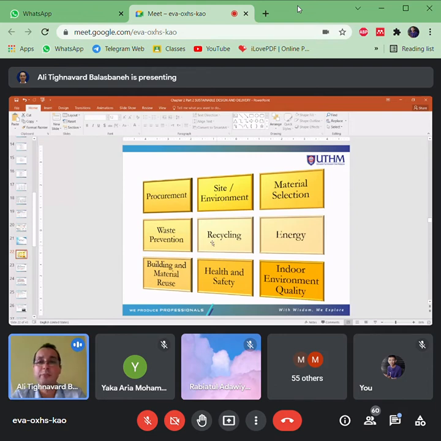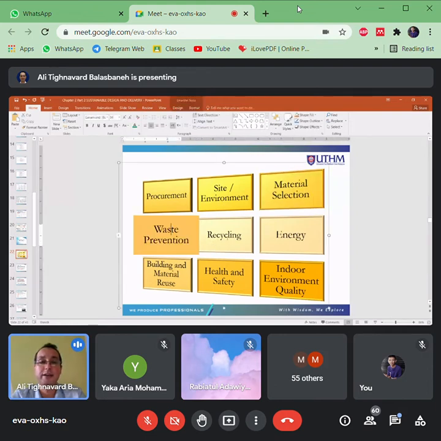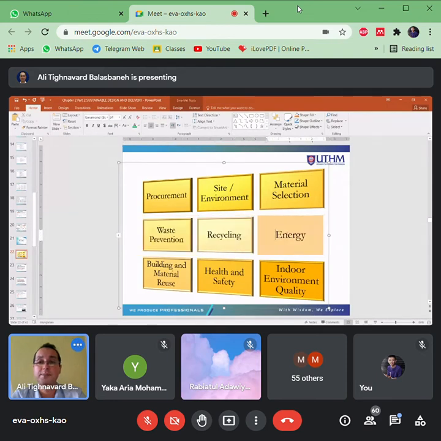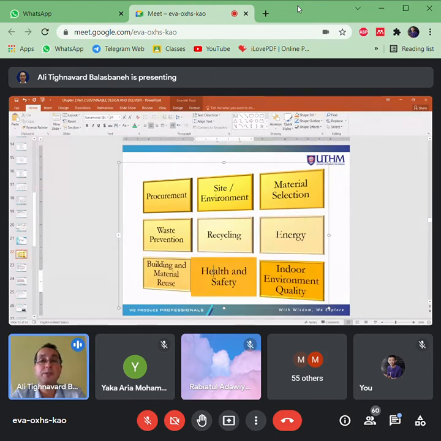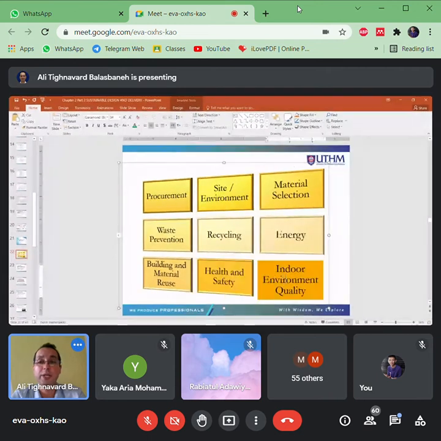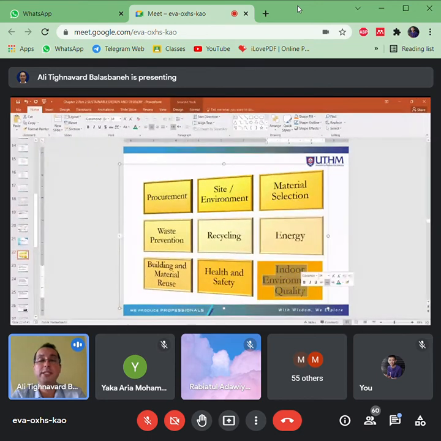Procurement, site environment, material selection, waste prevention, recycling. The next, energy, building material reuse, health and safety. Health and safety is mostly related to the workers, but indoor environment quality is related to the residents, the people who live inside the building.